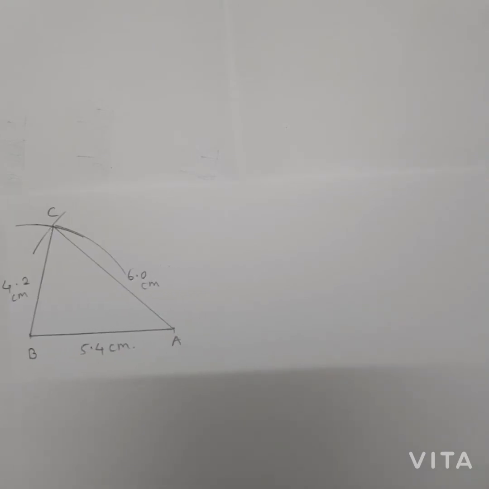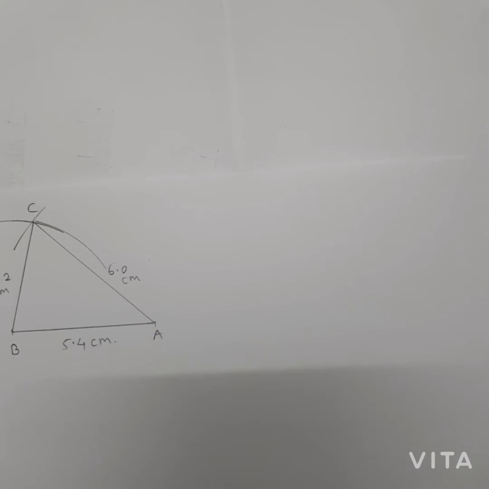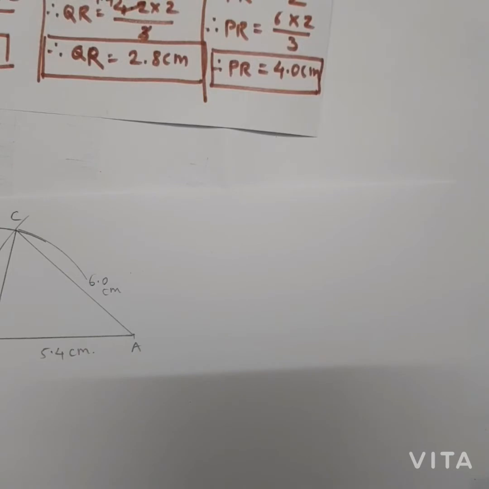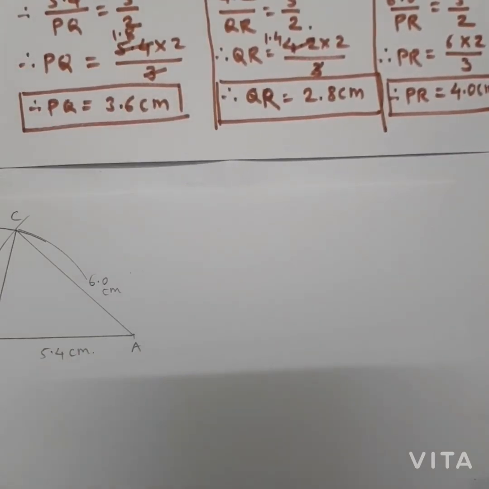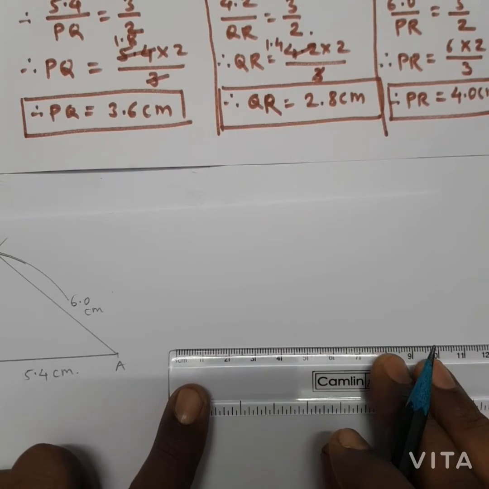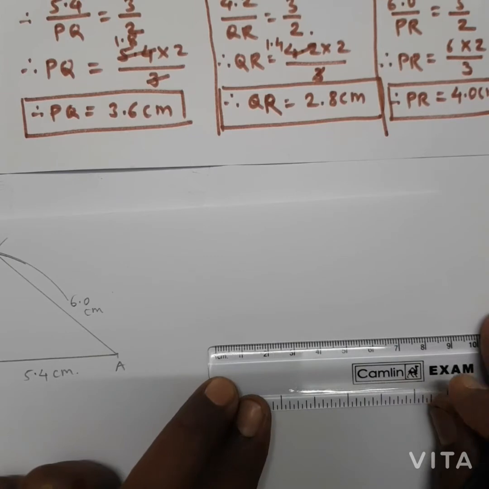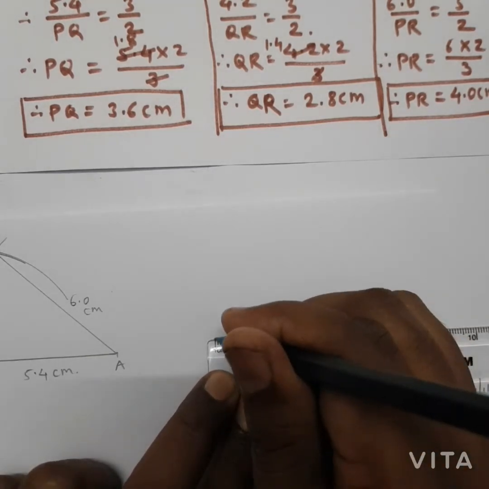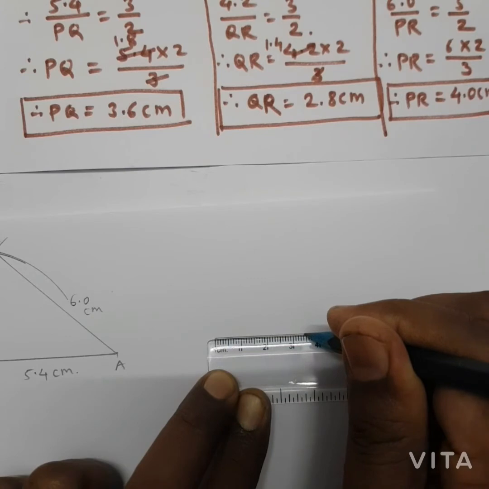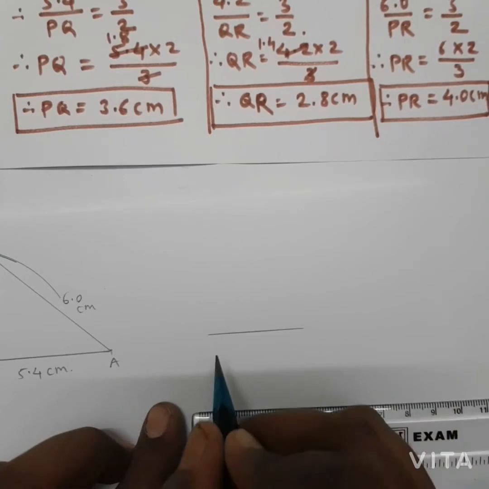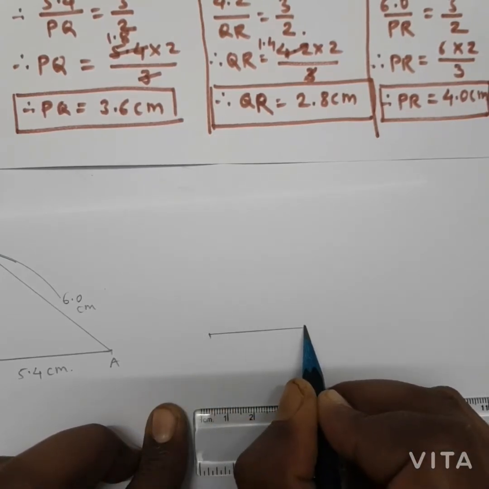Then we have to draw the second triangle, triangle PQR. In triangle PQR, PQ is 3.6 centimeter. See here, side PQ, this is distance 3.6 centimeter.